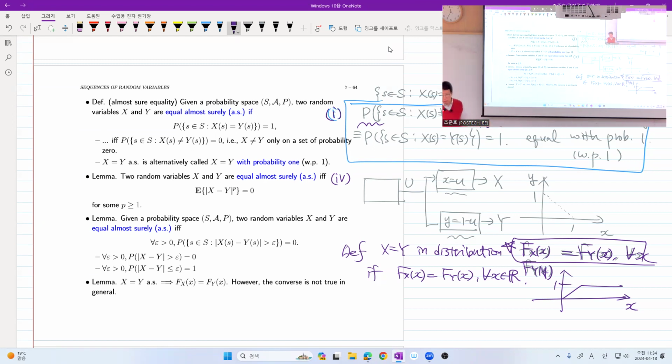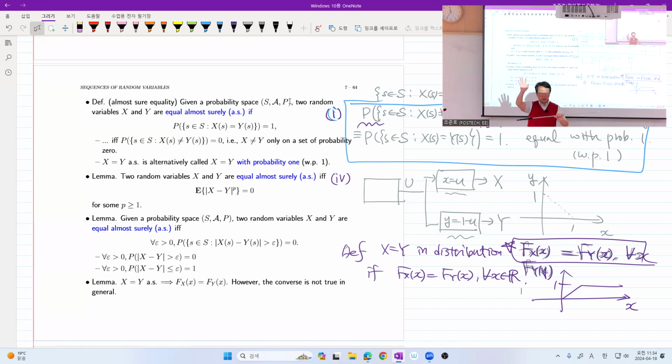Got it? So by thinking about the equality of two random variables, we not only have the almost sure equality, or equal with probability 1, we found that equal in distribution is also an interesting definition in some cases, but the two must be distinguished.